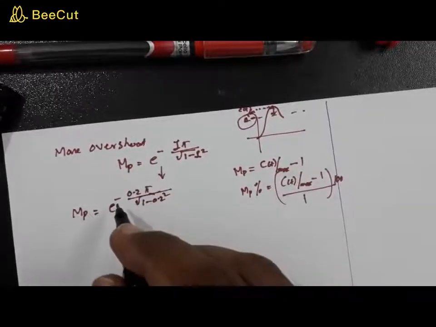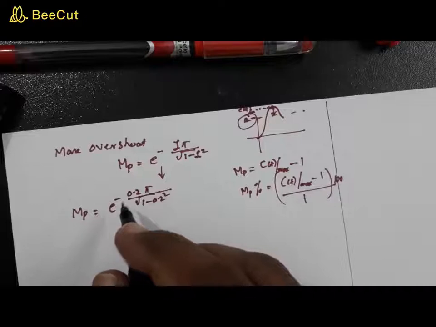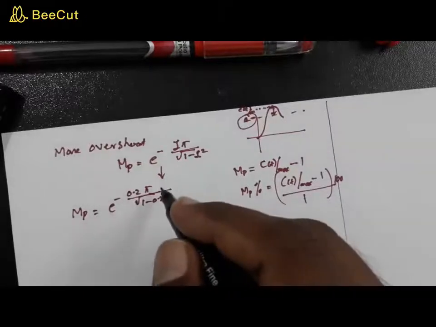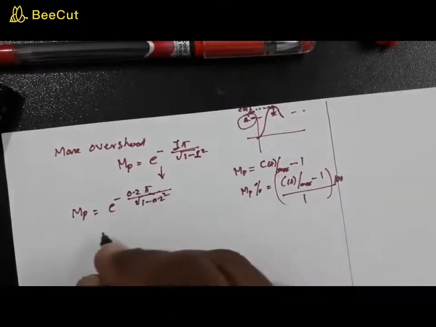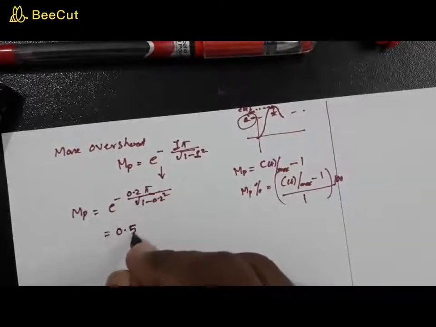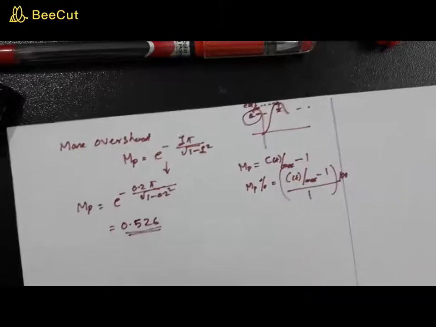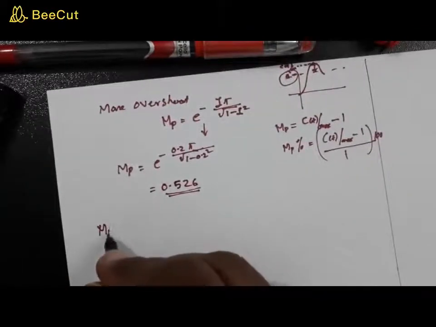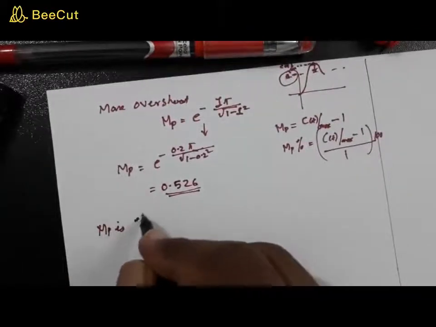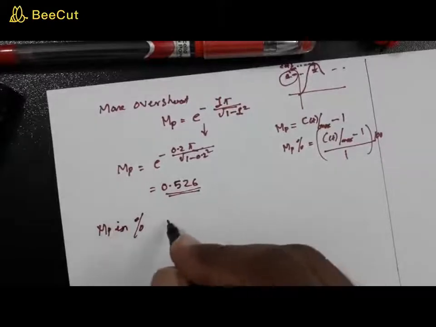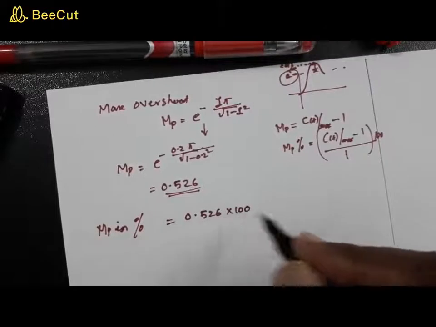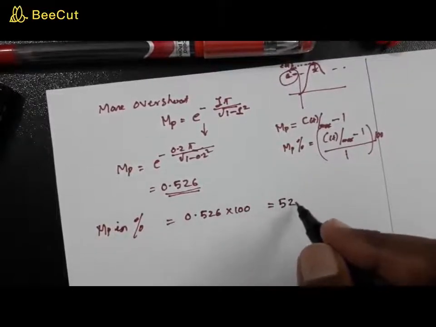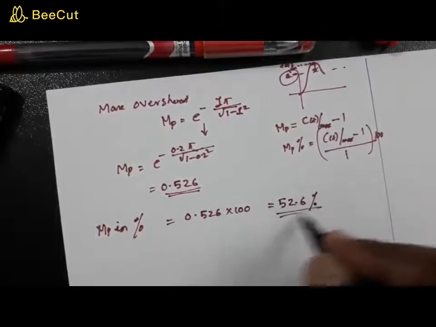When you evaluate this exponential function, you will get 0.526. Now, if it is to be expressed in percentage, Mp in percentage is 0.526 into 100, which is equal to 52.6%.